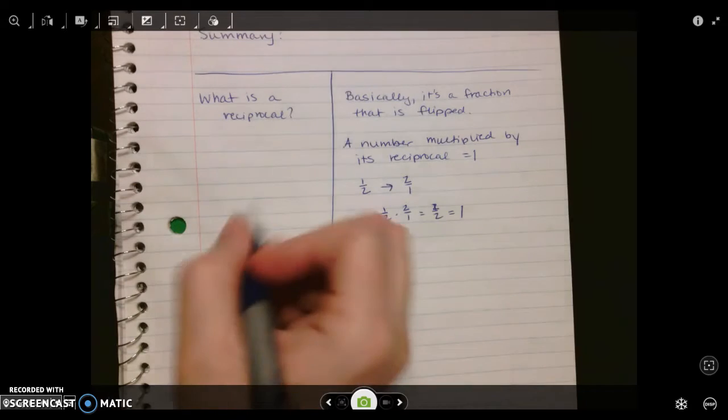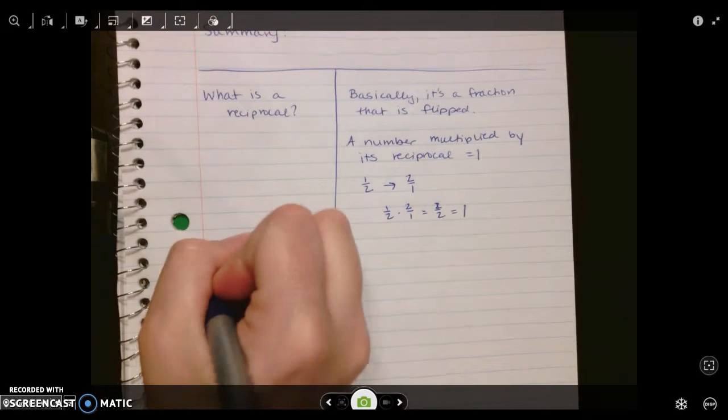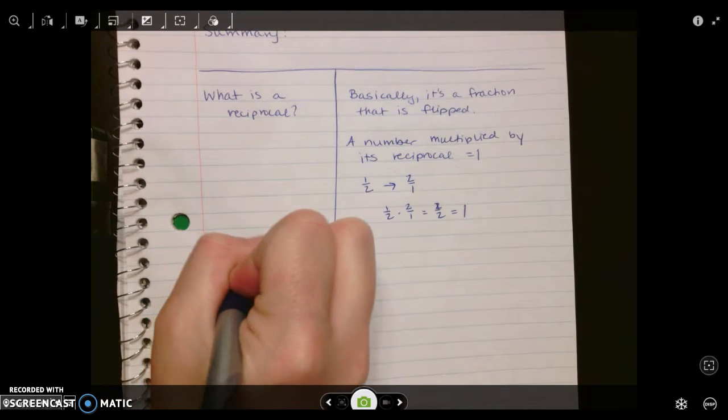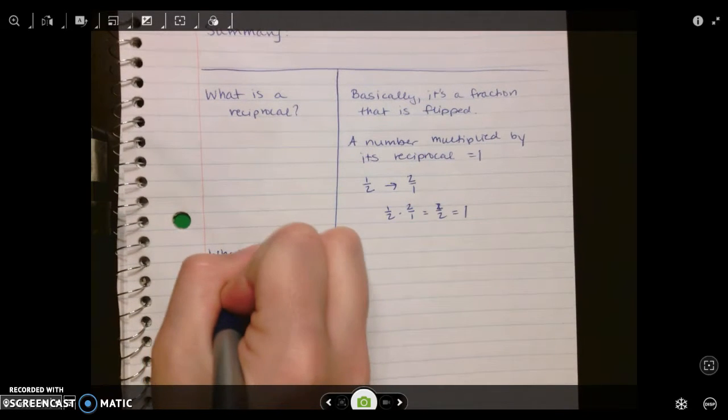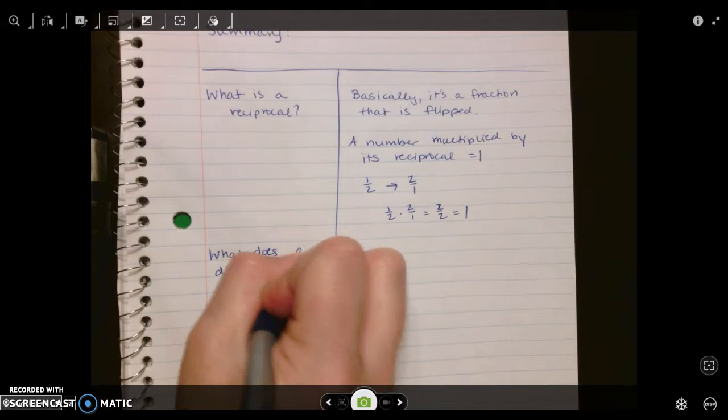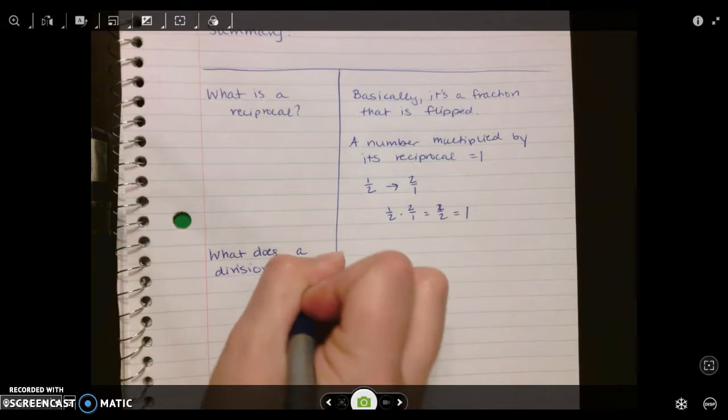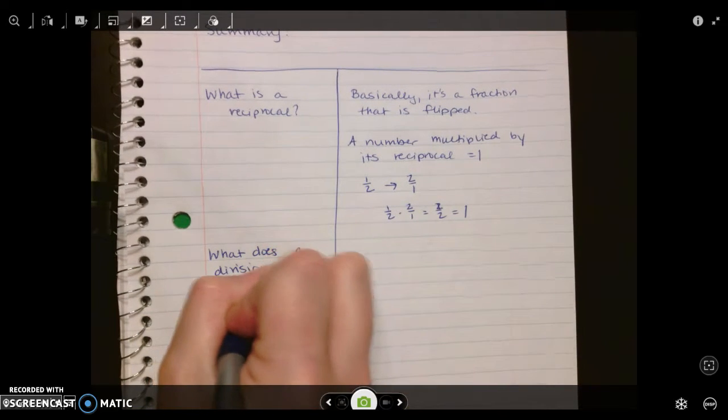Okay, so here's something that I want you to consider. What does a division model look like?